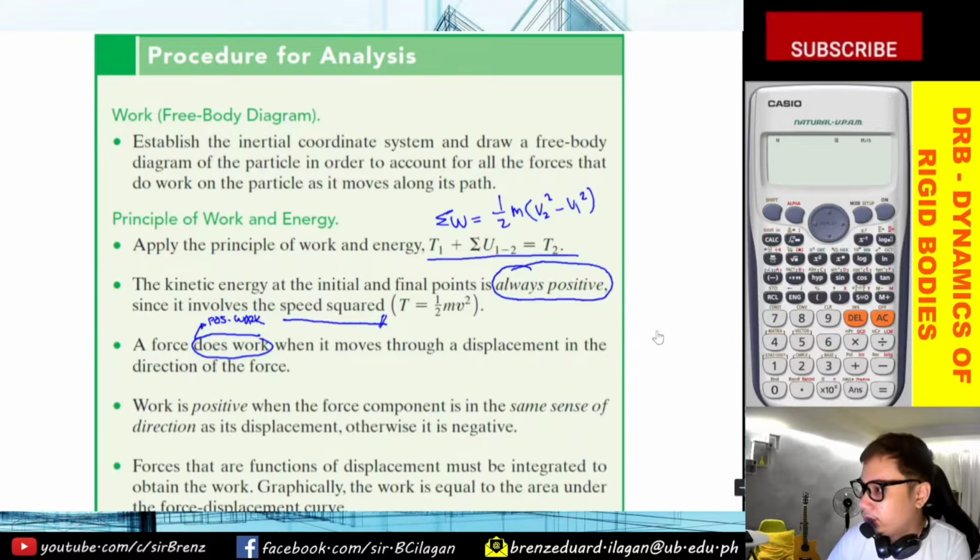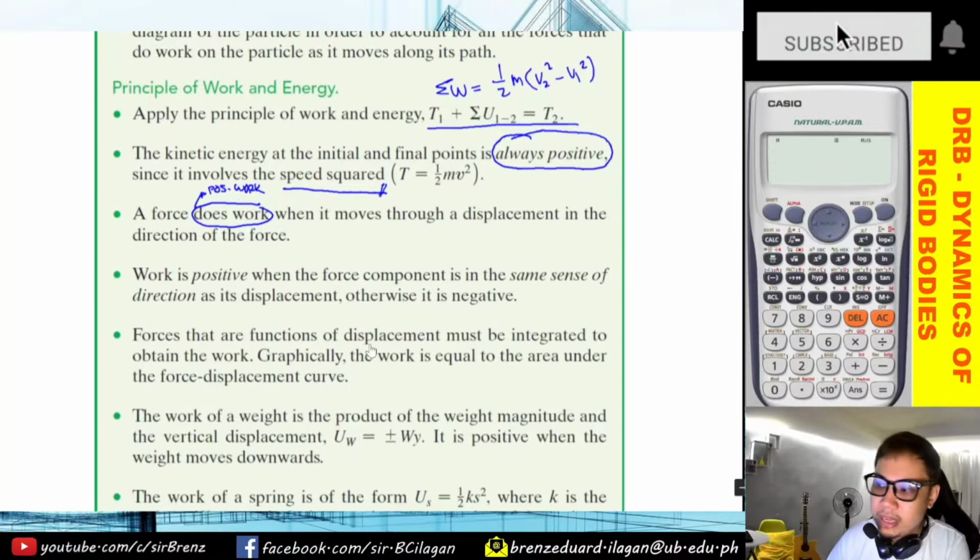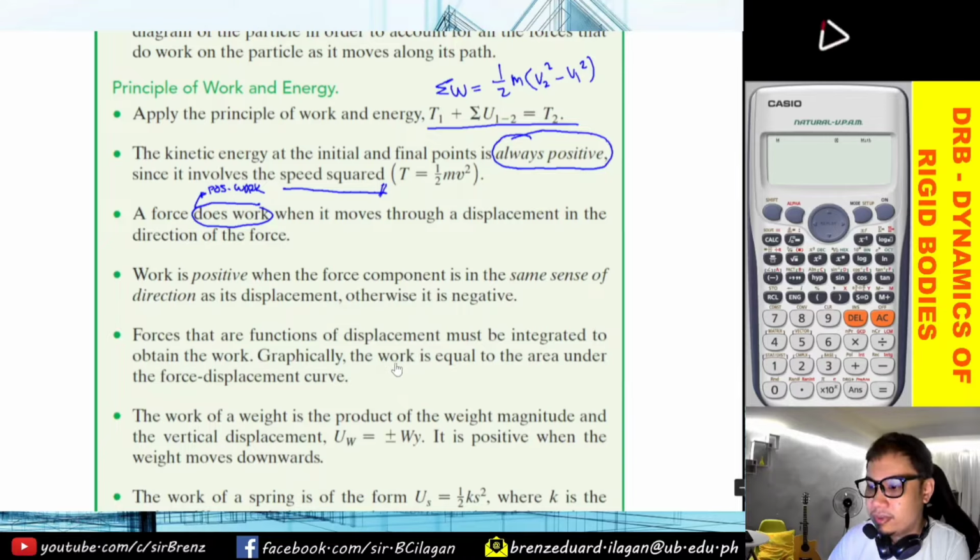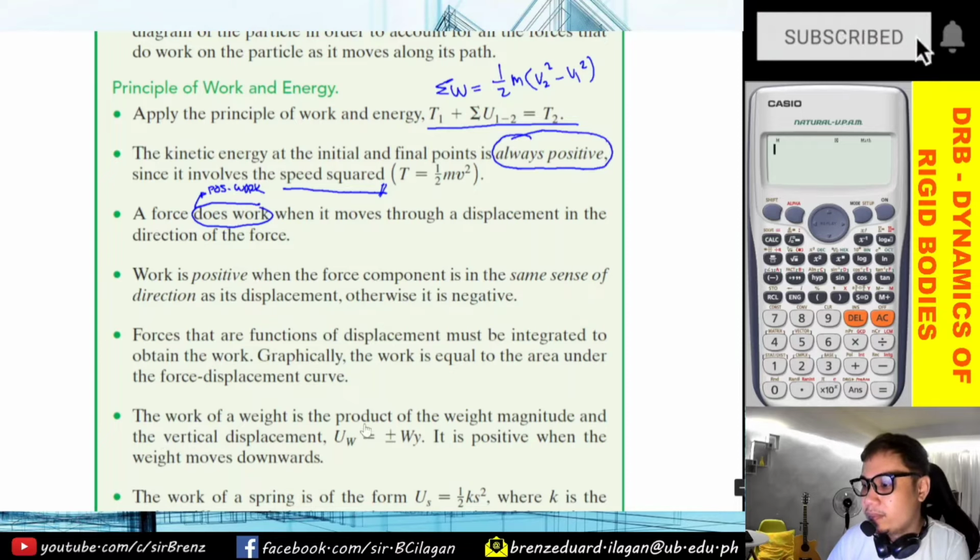Next, forces that are function of displacement must be integrated to obtain the work. Graphically, the work is equal to the area under the force displacement curve. Next, the work of a weight is the product of the weight magnitude and the vertical displacement.